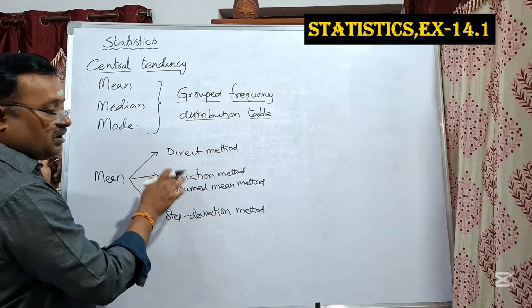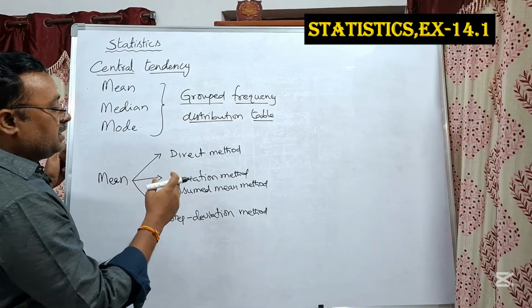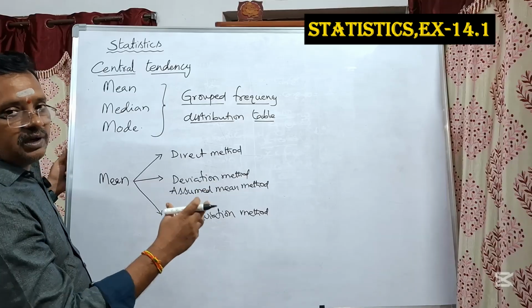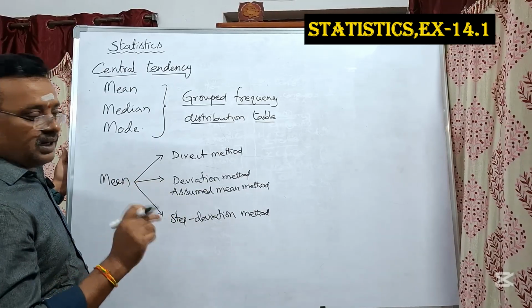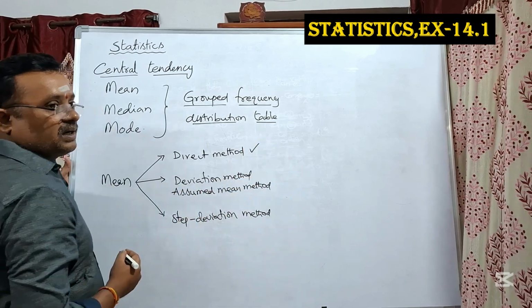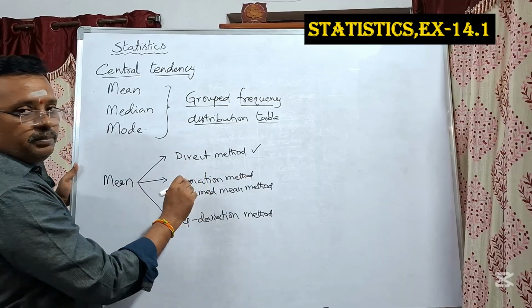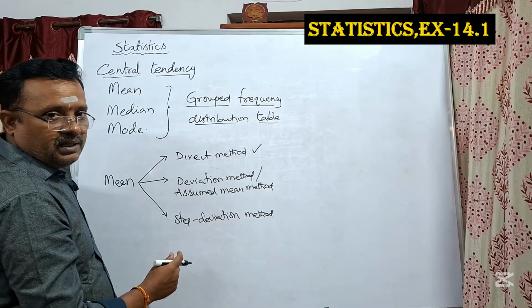You know why these all occur? The development of mathematics gives you advanced methods of solving problems to make them easy. Under that process, the direct method comes. Next, the advanced method is called the deviation method or assumed mean method.